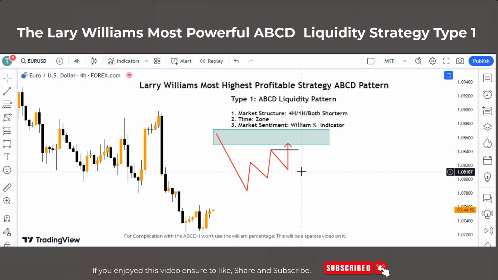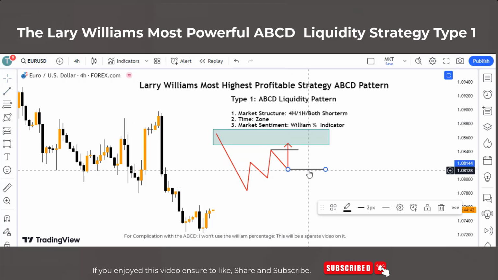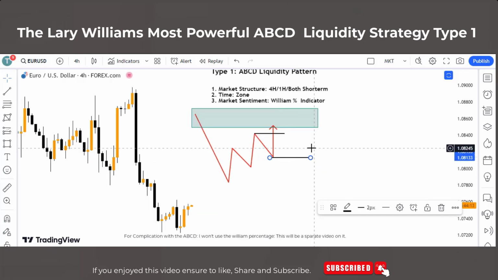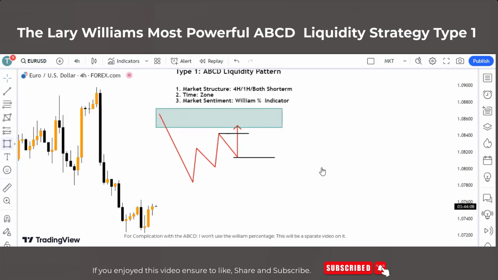This is where you are going to look for a covering. If you are going short at this point, you are going to cover up at this point. So this is what I'm saying. This scenario also happens in the long scenario.